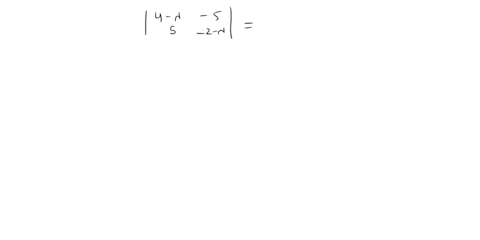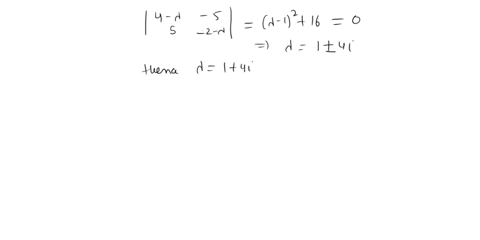You can expand it, which gives lambda minus 1 whole square plus 16 equal to 0. So its roots are lambda equal to 1 plus minus 4 iota. You can take any root, so I am taking lambda equal to 1 plus 4 iota, which is an eigenvalue of A.